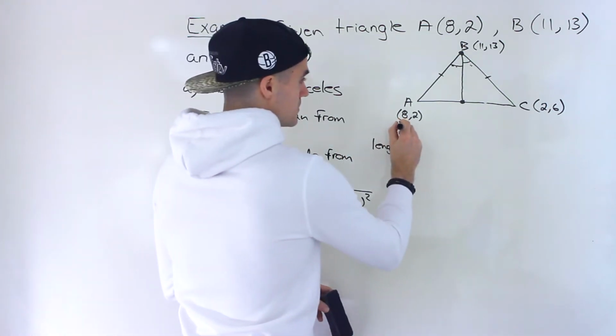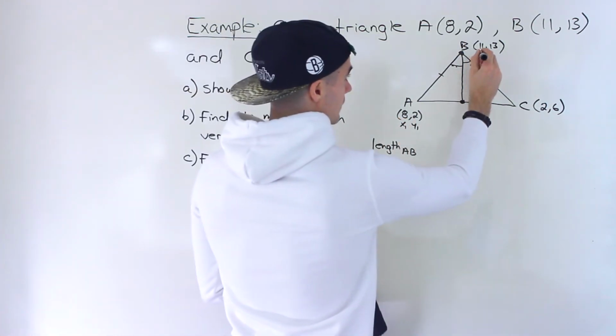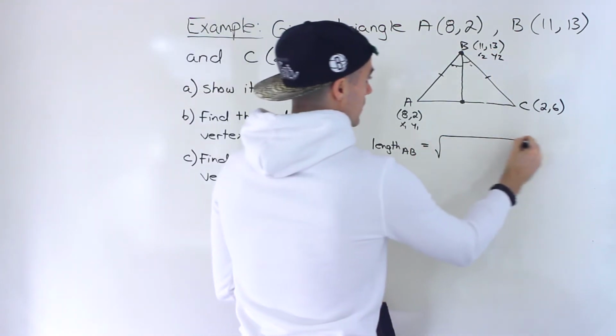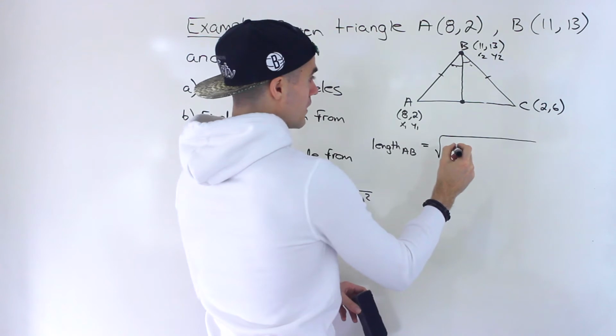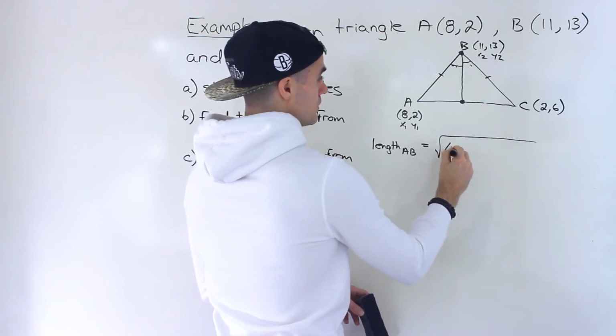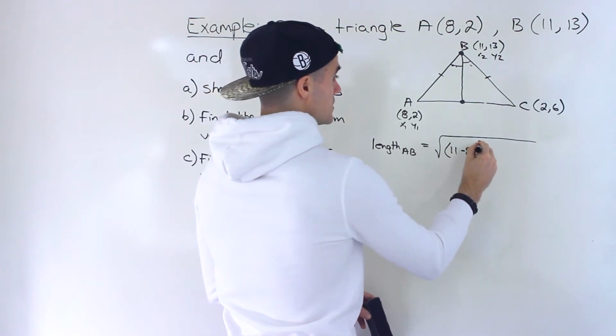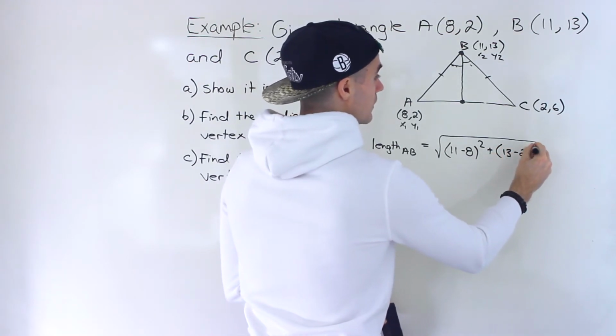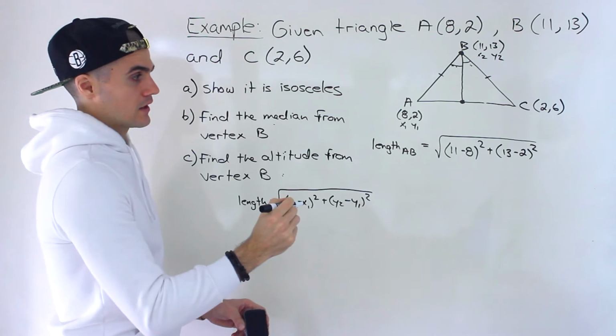So I'm going to let this be x1, y1, and this be x2, y2. So we would have the square root of (11 minus 8) squared plus (13 minus 2) squared.